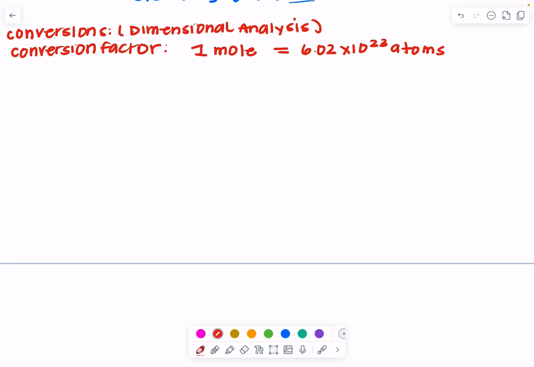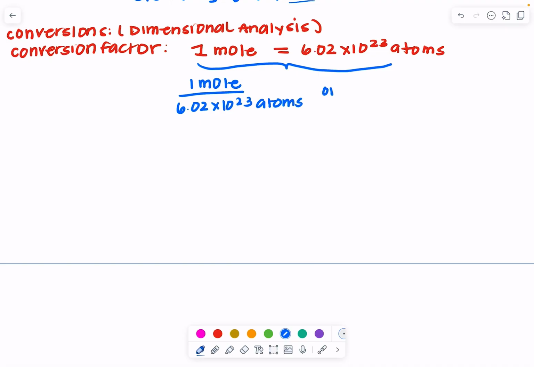When we use this as a conversion factor, it can be used two ways. It can be used as 1 mole over 6.02 times 10 to the 23rd atoms, or it can be used as 6.02 times 10 to the 23rd atoms over 1 mole.